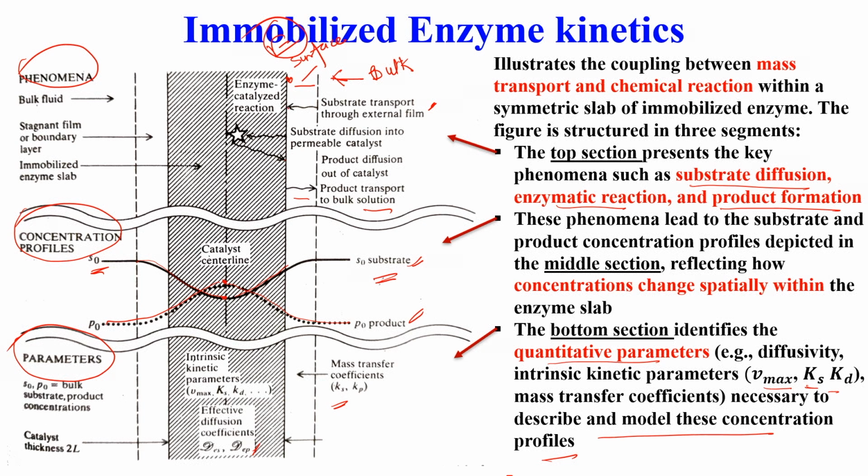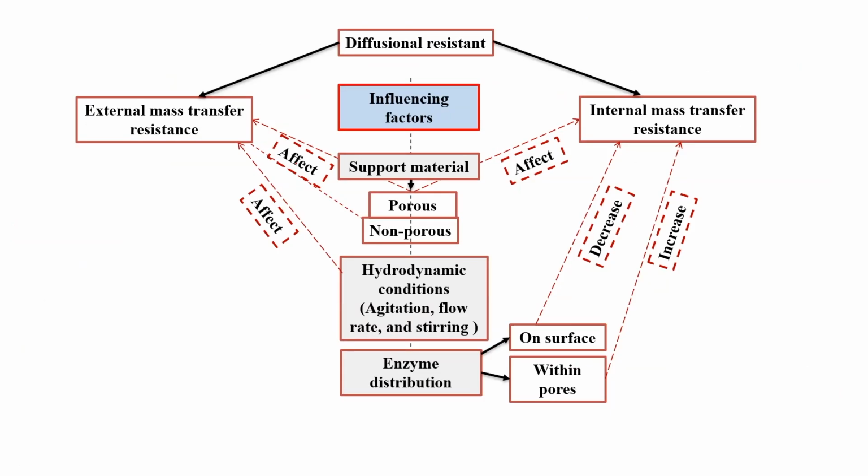And when it is travelling from here to the enzyme surface, meaning inside the solid matrix, that is called internal mass transfer. So, the support material is going to affect both external and internal mass transfer. The porous nature is again going to affect both.